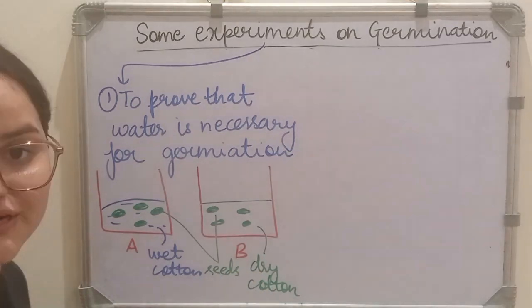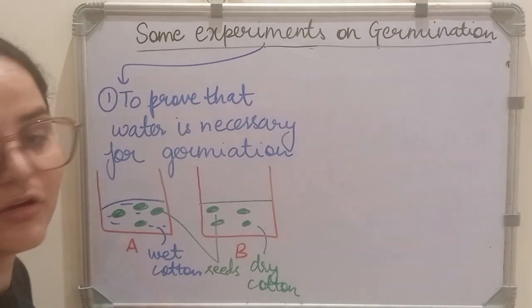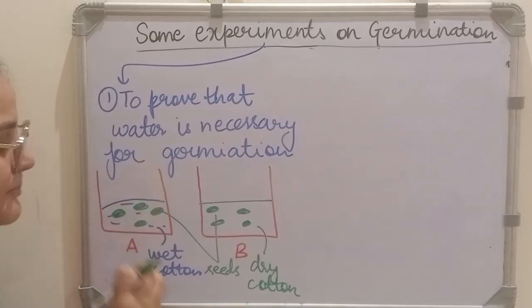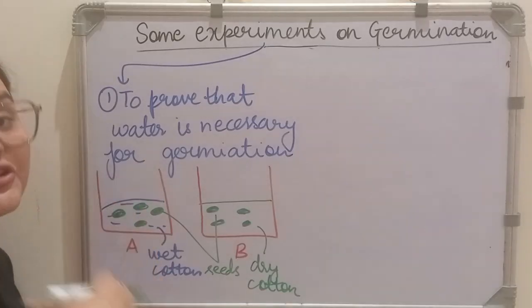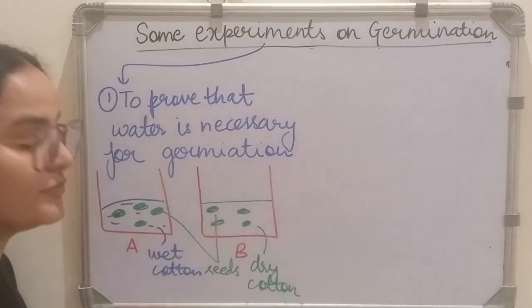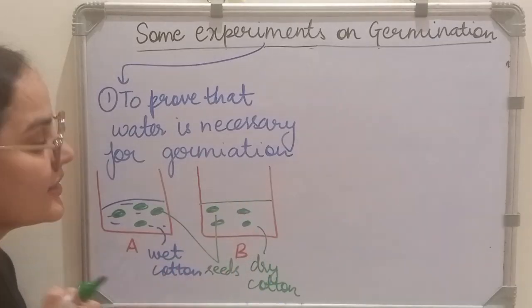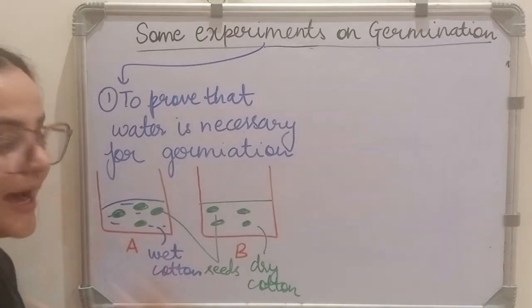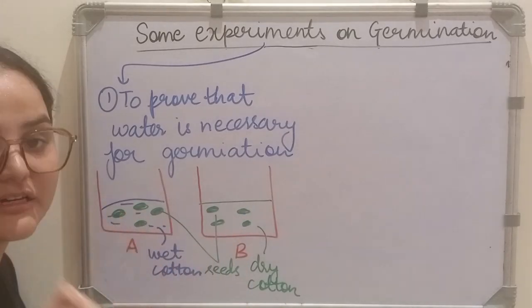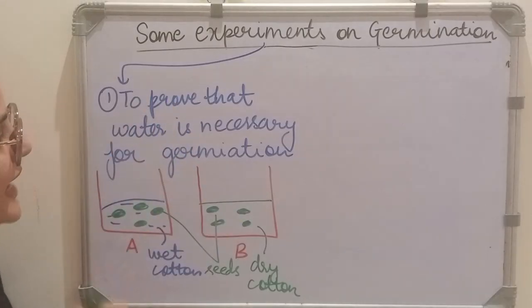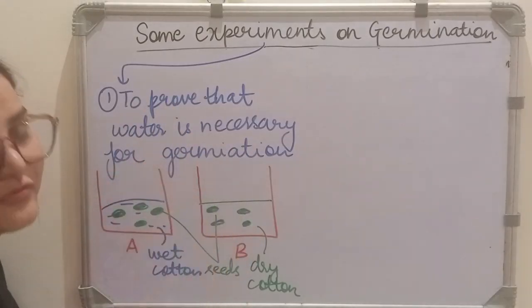So over time what you will observe is that the seeds which are present in beaker A will germinate, while the seeds which are in beaker B will not germinate. The reason being that in B water is absent, while in case of beaker A water is present. Hence this experiment proves that water is necessary for germination.